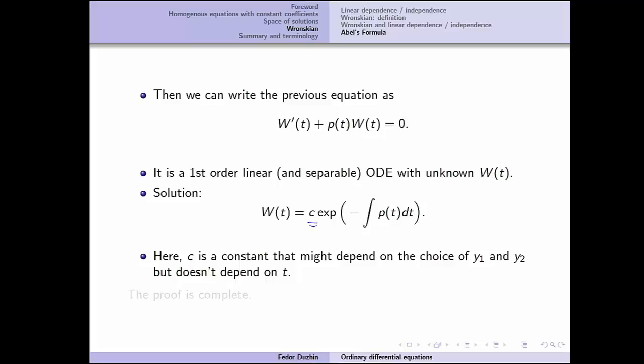The reason is that this is a differential equation, of course, but we don't have the initial condition, which means it has many solutions, but these different solutions differ from each other by changing the constant. And changing the constant kind of corresponds to changing the original pair y1, y2. Alright, so we have proved Abel's formula.